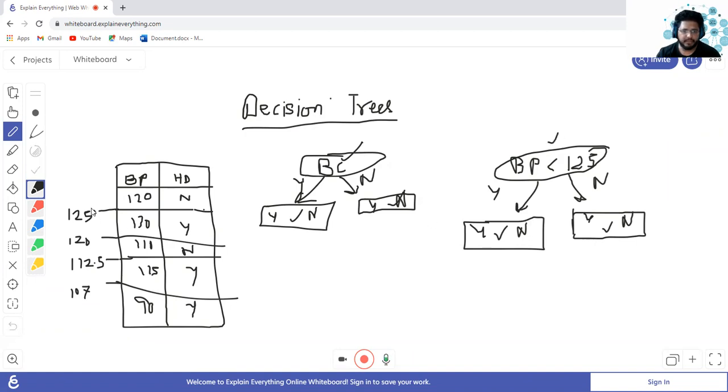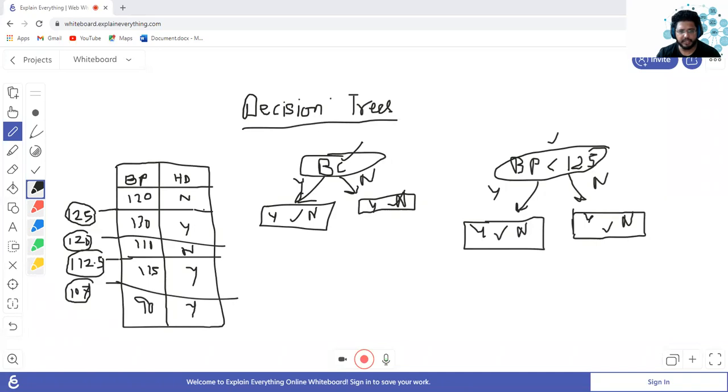So what will happen? I will have a Gini impurity of this, of this, of this, and of this. So accordingly, I will divide my decision tree. Okay, so that is what we do in case of numerical data.